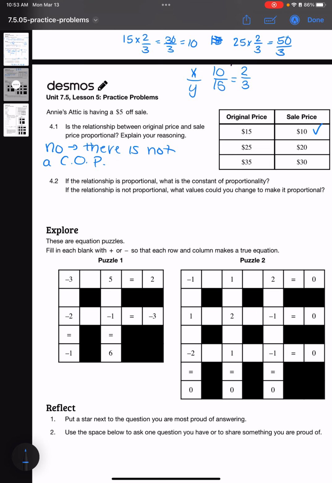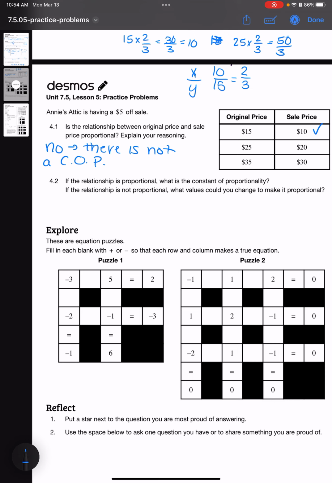If the relationship is proportional, what is it? If it is not proportional, what could I do to make it proportional? That is a great question. So I could do anything, right? So I could do, pretending we're doing 20% off.